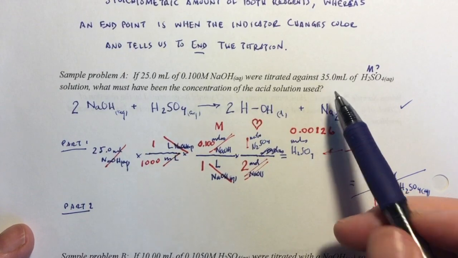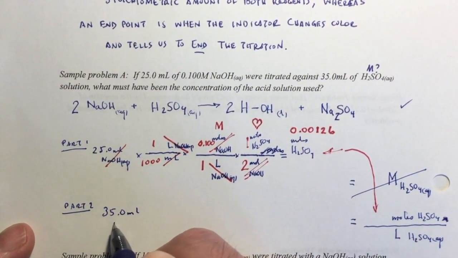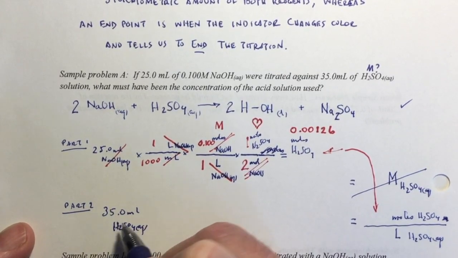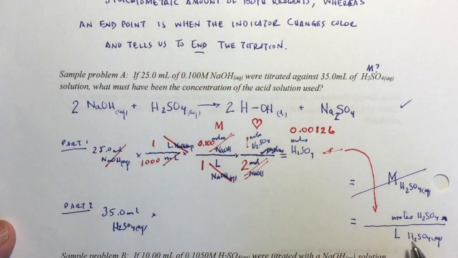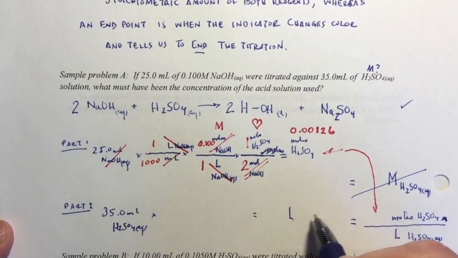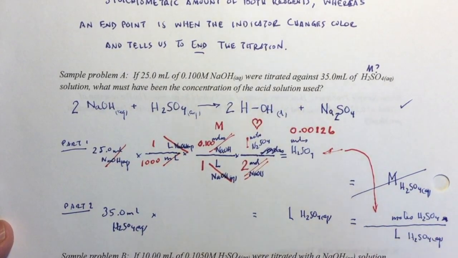Starting with 35.0 milliliters of the sulfuric acid. And I want to get to liters, so that's pretty obviously only going to be one step. So I'll have liters of the acid solution when I'm done with it.